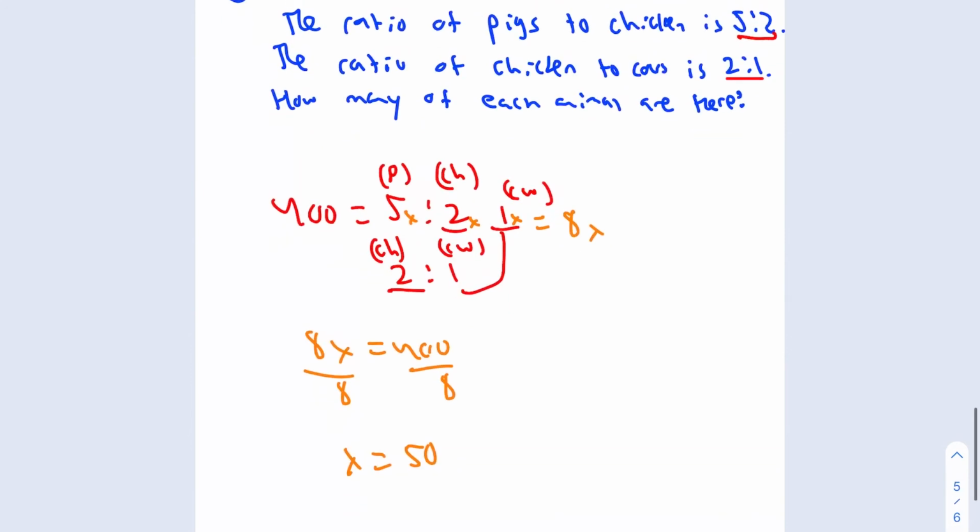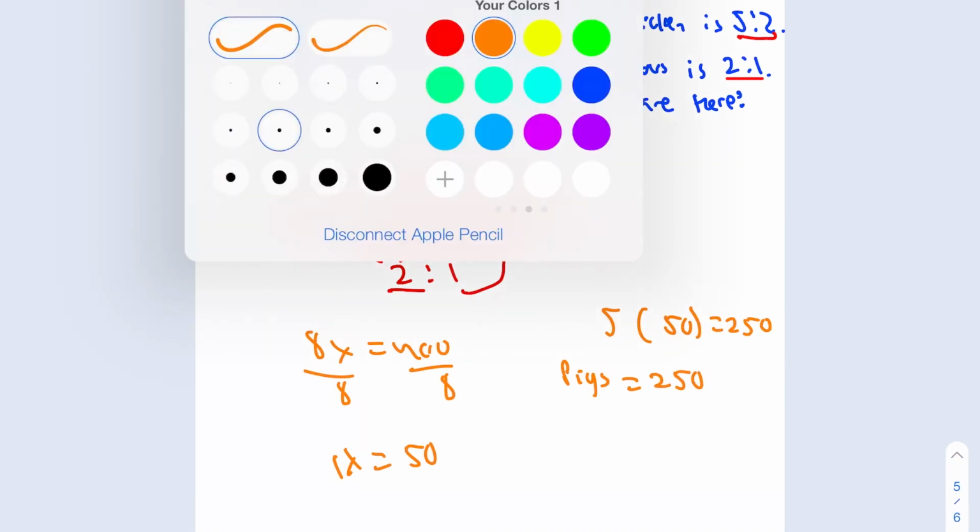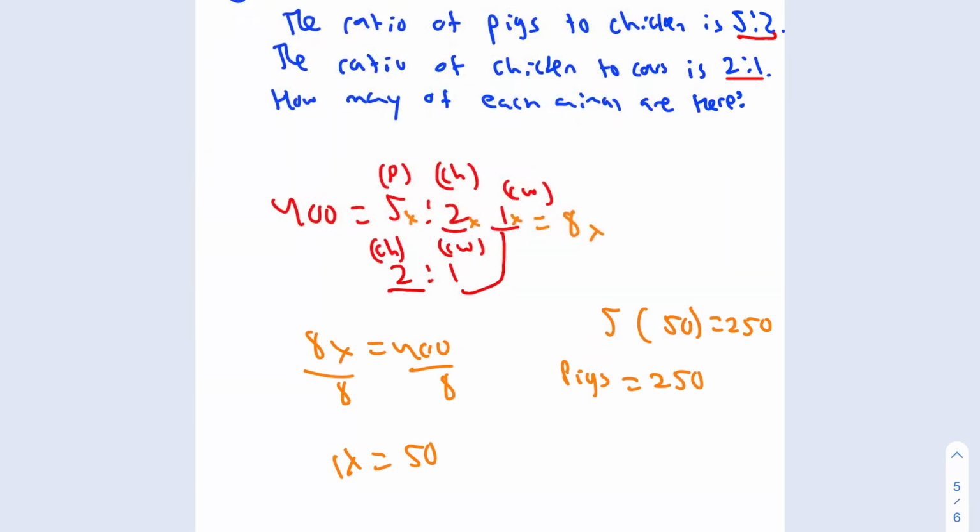So 1x is equal to 50, and since for the pigs there's 5 times as much, you would do 5 times 50, which is 250. So it means there are 250 pigs. Chicken, since there's only 2 times, you would multiply 2 times 50, you get 100.